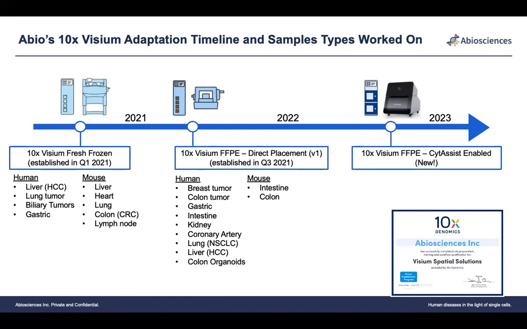We just started to work on CytAssist. This is our new capability, and so far we have worked on two different tissues, gastric tumor and liver cancer, but we believe there will be much more to come. And we are very proud to be the Visium spatial solution service provider for 10x Genomics.